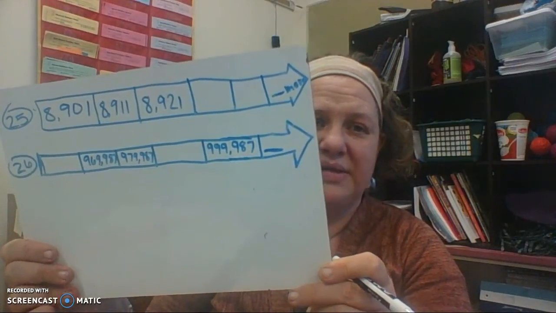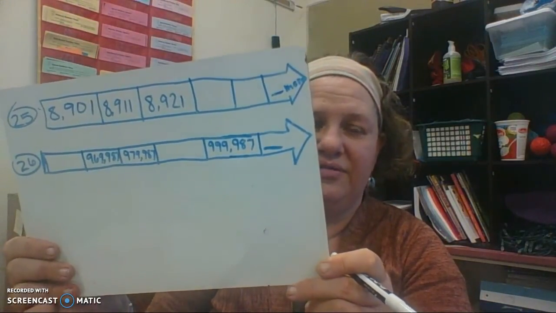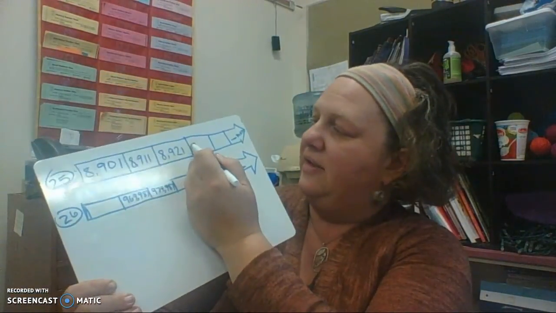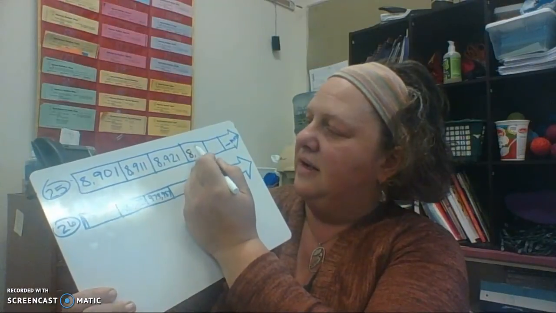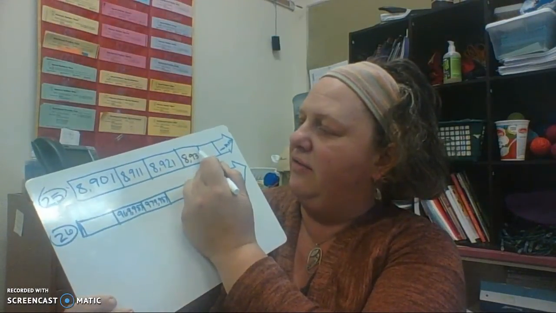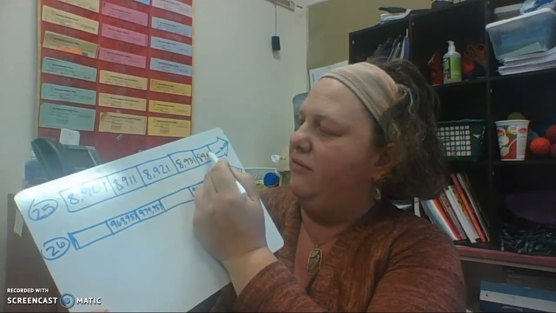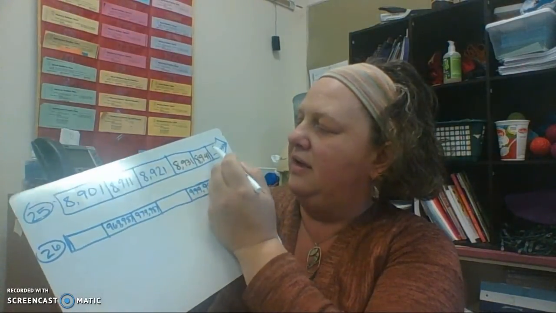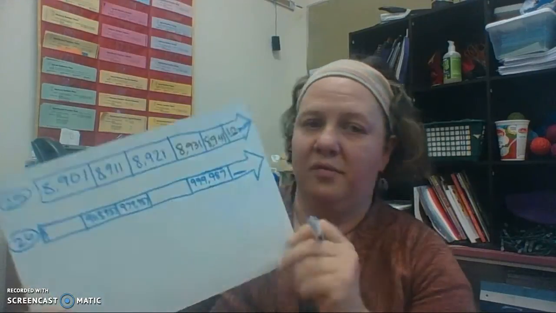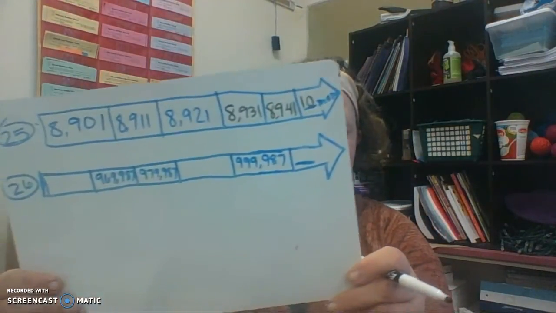So I'm thinking that the tens place is increasing every time. So I'm going to be writing 8,931 and 8,941. And the rule is 10 more. So I'm going to write a 10 in that blank.